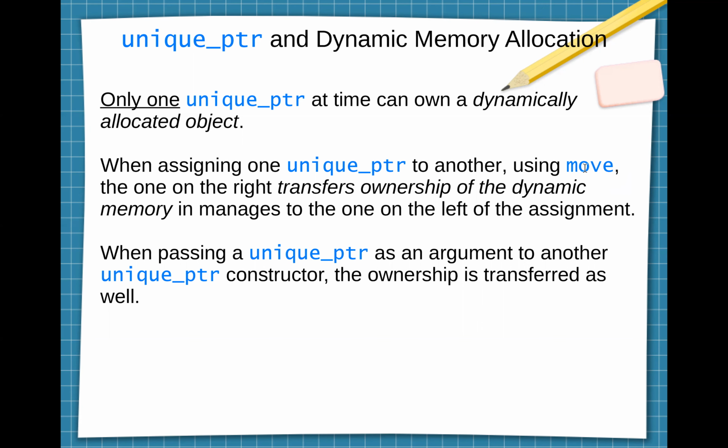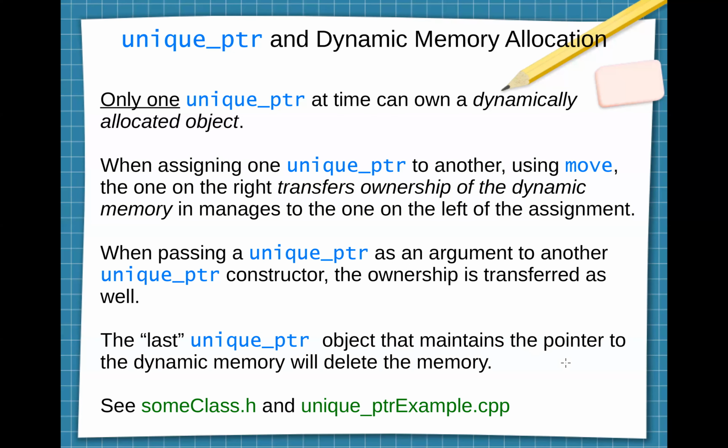So I'll have to use the function move. Now I could pass a unique_ptr as an argument, but in this case, the ownership will be transferred as well. That one I don't have an example about, but it's pretty clear how to do that, right? And then the last unique_ptr object that maintains the pointer to the dynamic memory will be deleting it when the unique_ptr goes out of scope. So it's very, very nice.